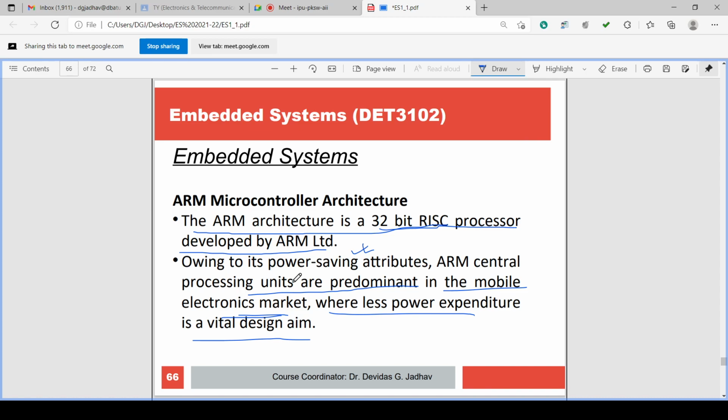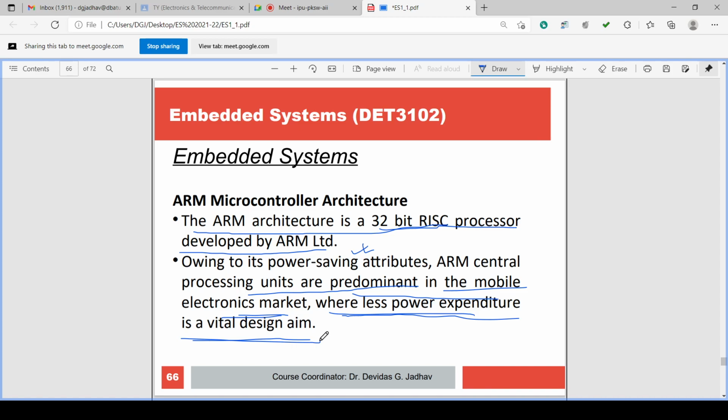They are predominant in mobile electronics because less power expenditure is the vital design aim.